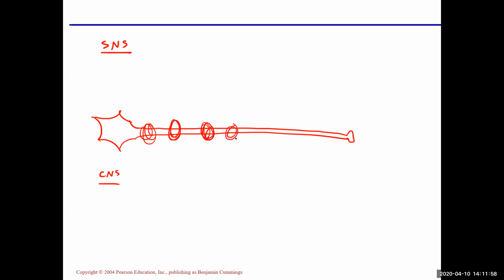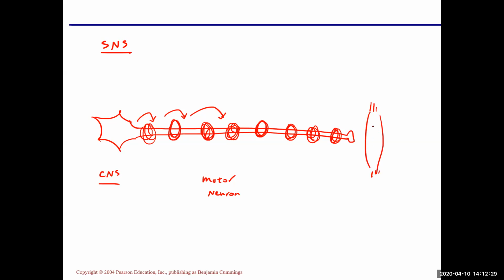These are the Schwann cells that wrap around, and recalling from the previous lecture, electrical impulses jump from one node to another. These nodes are called nodes of Ranvier, and this phenomenon is called saltatory conduction. Basically, this is a motor neuron, and your muscle can contract as a result of the neuromuscular junction.